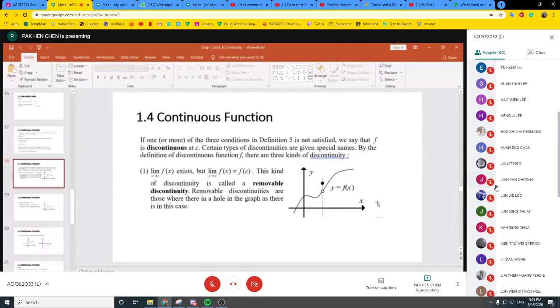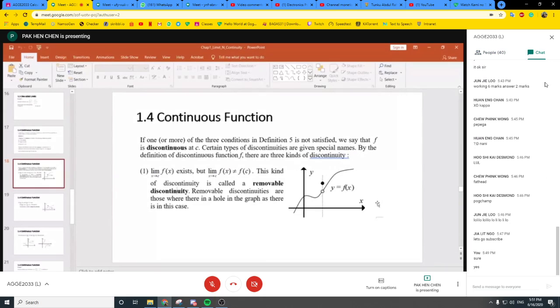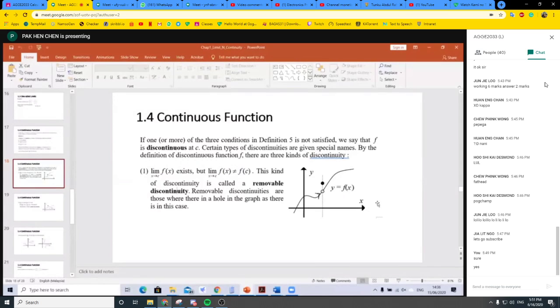For example 1, you can see that when the x value approaches from the left side and the right side a certain value c, the limit of f(x) shows that y approaches a certain value L. However, at that particular point, the coordinate shows that f(c) equals a certain value, say q. So the limit exists, but it is not equal to f(c), because the limit of f(x) equals L, not equal to f(c).